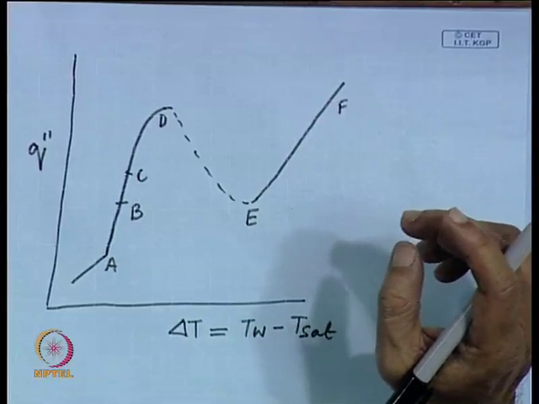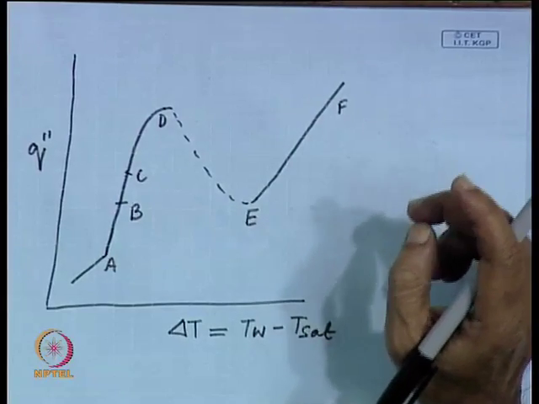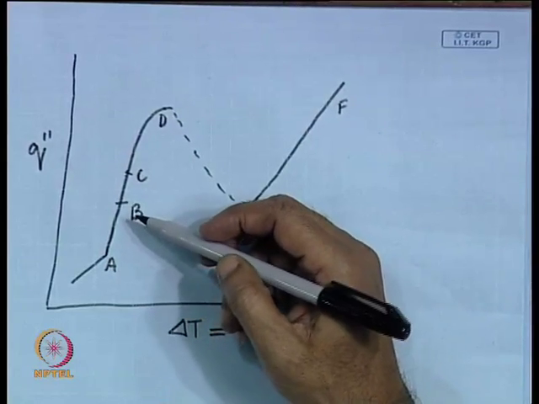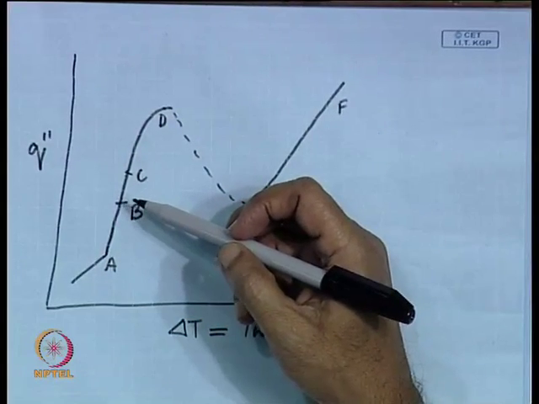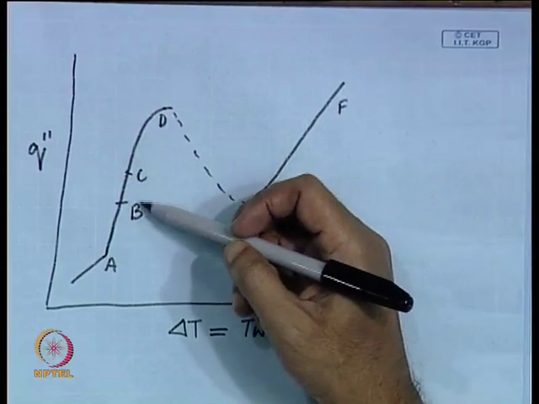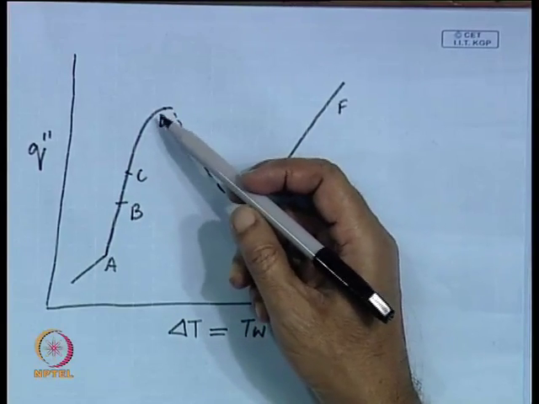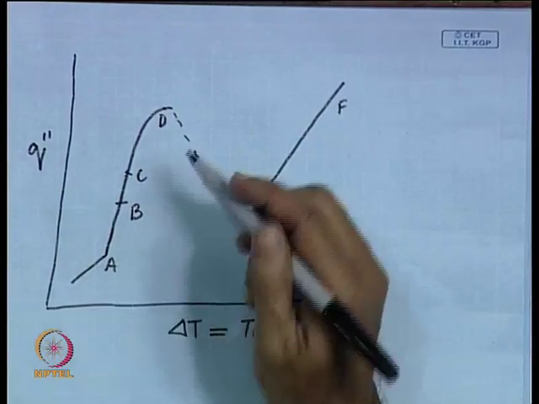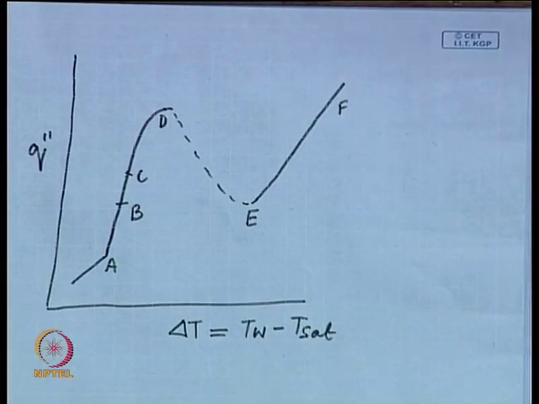So, basically we can have some sort of models from A to B, then probably the mechanism will be different from B to D. At D, this is the critical heat flux region, and people have postulated different mechanisms of heat transfer for point D. D to E is the transition boiling region.